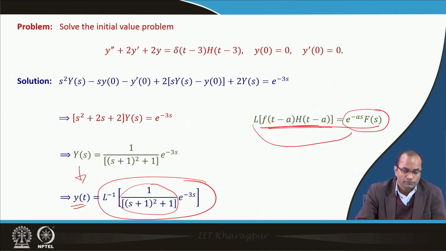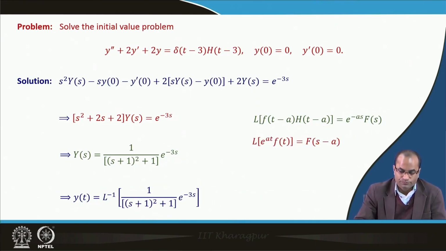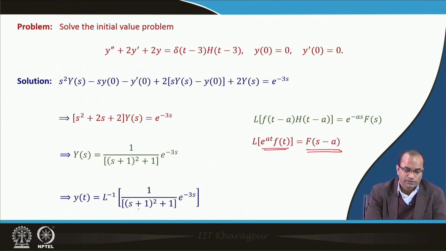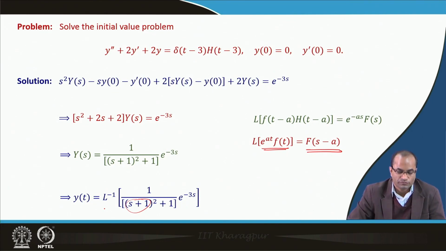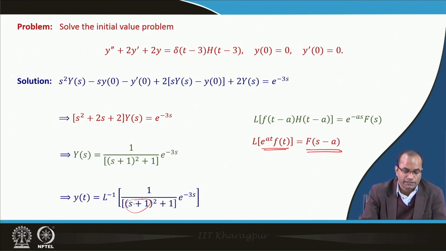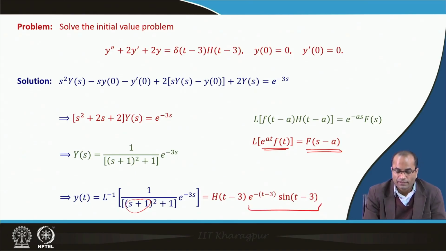It is of the kind 1 over s square plus 1, and the first shifting theorem we have to apply there, because e power a t f(t) is F(s minus a). So, that we can apply here to remove this shift. So, it will be e power minus t and then sin t. There will be e power minus t sin t, and because of this e power minus 3 s there will be a shift in t by t minus 3.